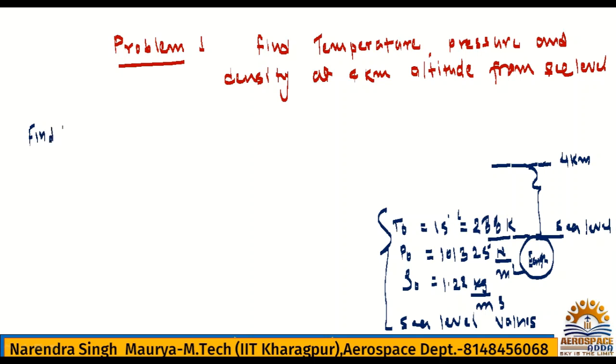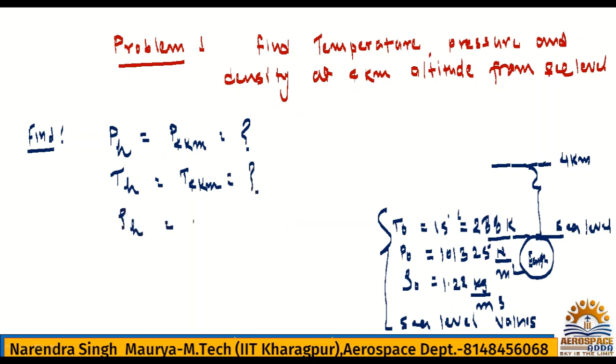You need to find pressure at 4 km, temperature at 4 km, and density at 4 km. So basically, what is the H here? They have mentioned 4 km. This is the H. I hope you understood now.